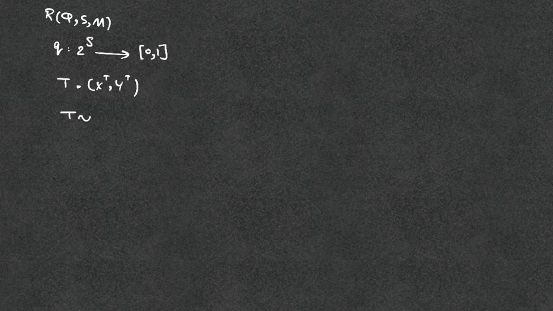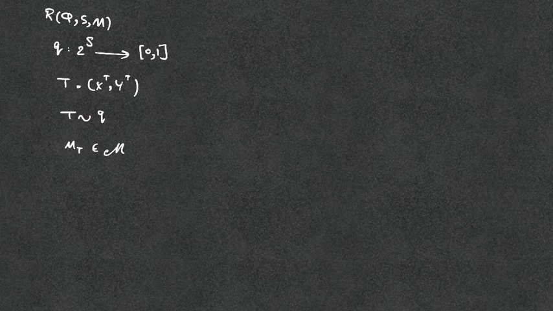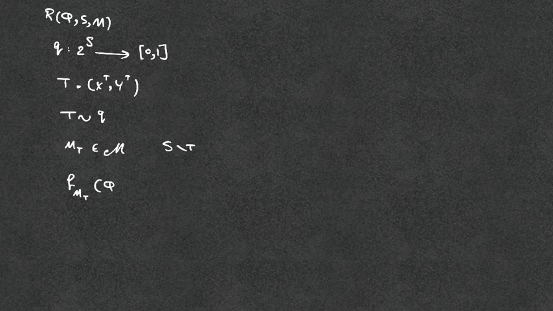Such subsets will be sampled from this distribution Q, and then a classifier MT from this family of classifiers will be selected and trained on the rest of S, and then it will be evaluated on the subset T.